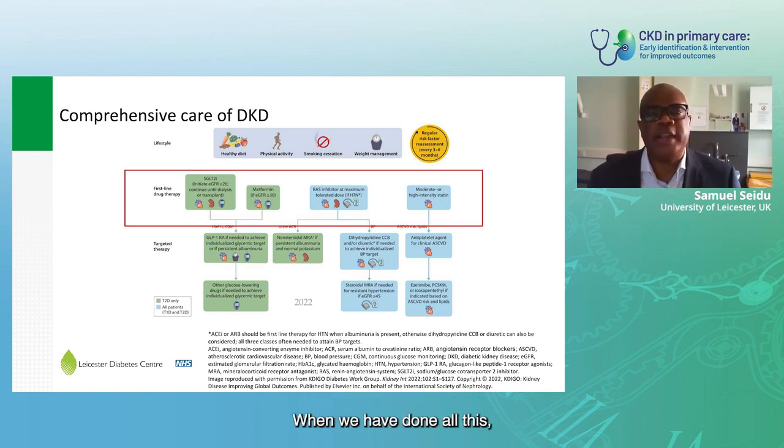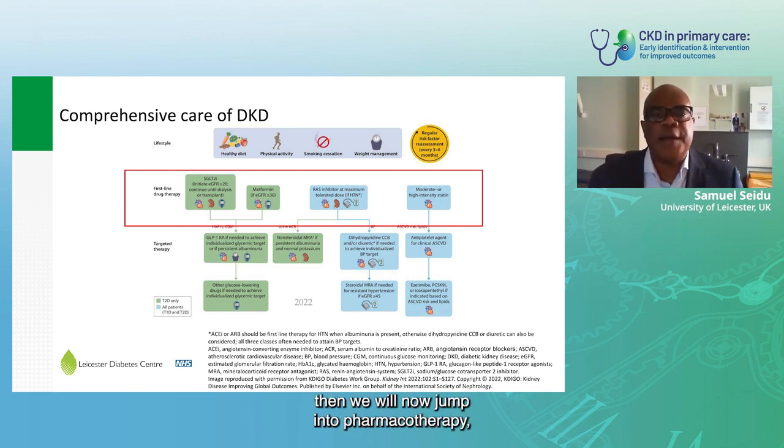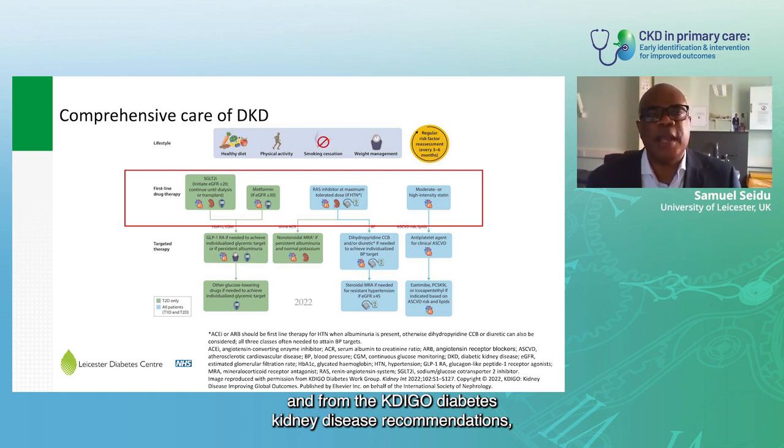When you have done all this, then we will now jump into pharmacotherapy. And from the KDIGO diabetes kidney disease recommendations, we now have very clear pathways of adding medications after your lifestyle.